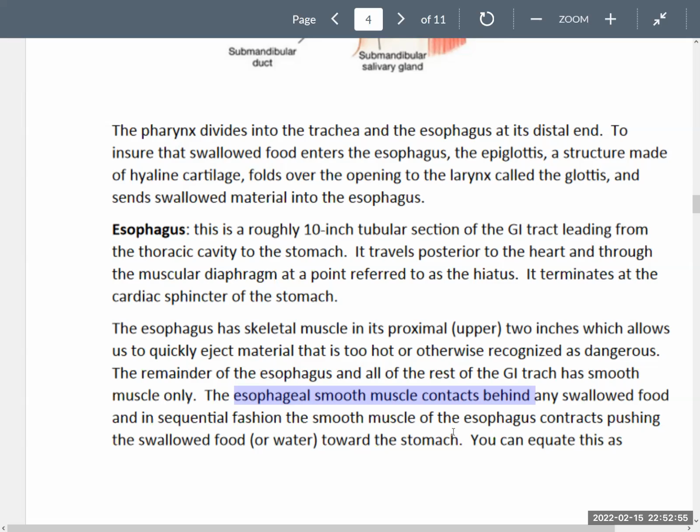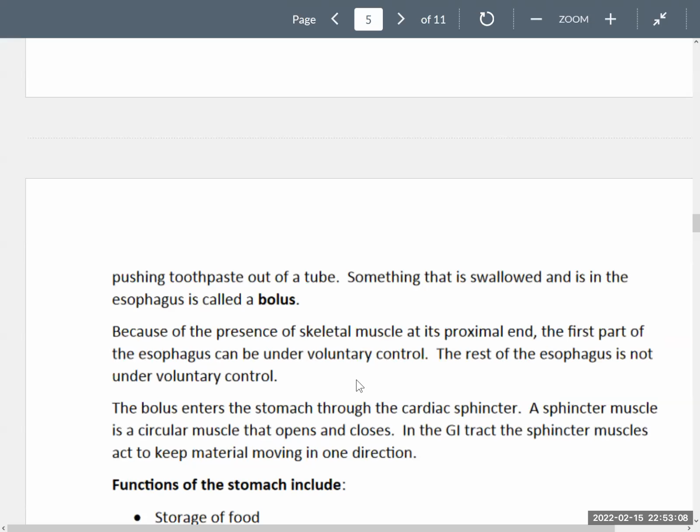If you're religious about it, do it right, you start pushing from the bottom. Then you push the toothpaste out through the exit. Anything that is swallowed, intentionally or not, is called a bolus.